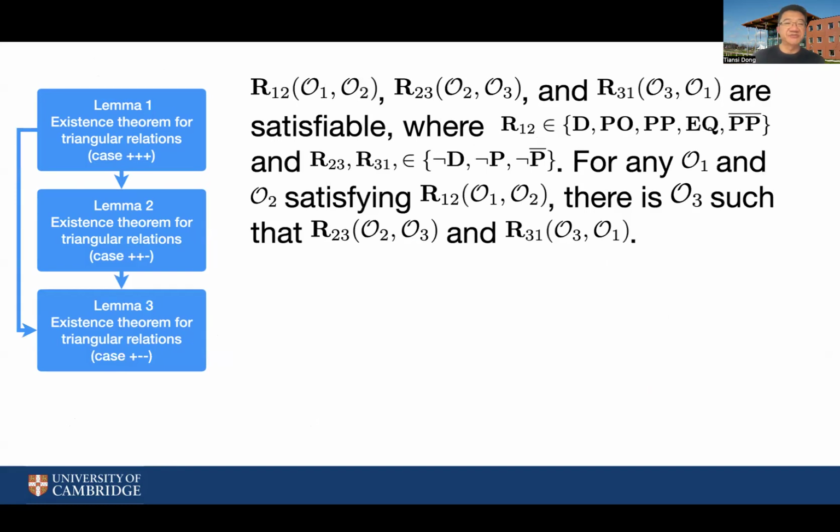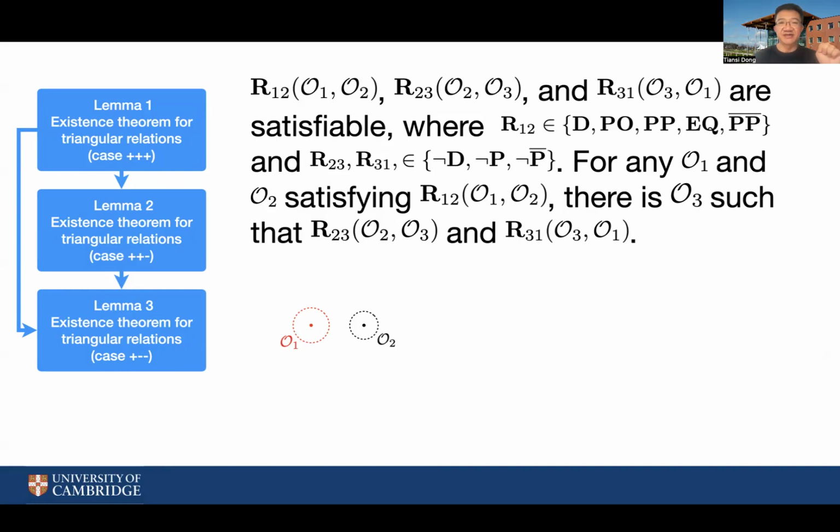So what if both relations are negative? This means the relation between O1 and O2 is positive, and then O3 has negative relations with both O1 and O2.